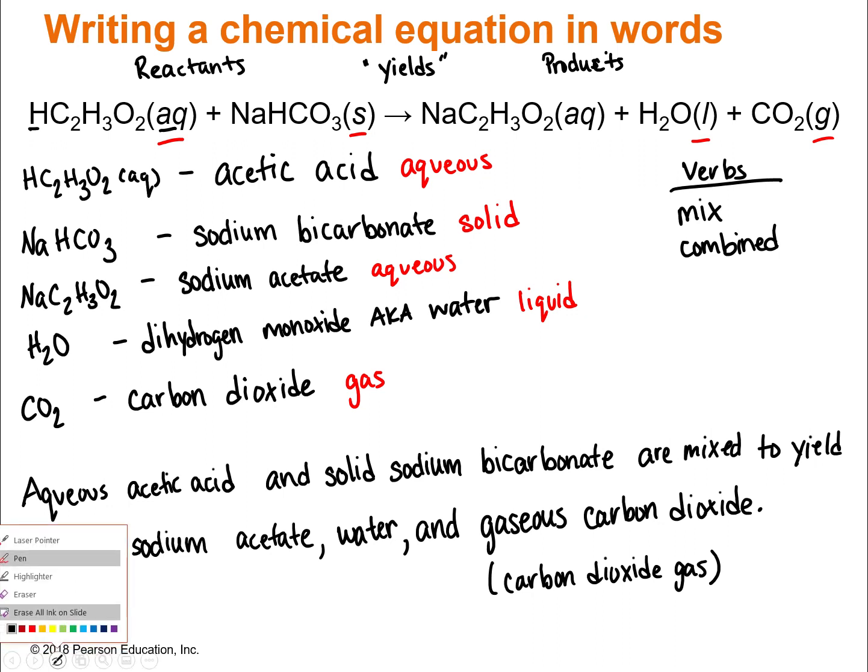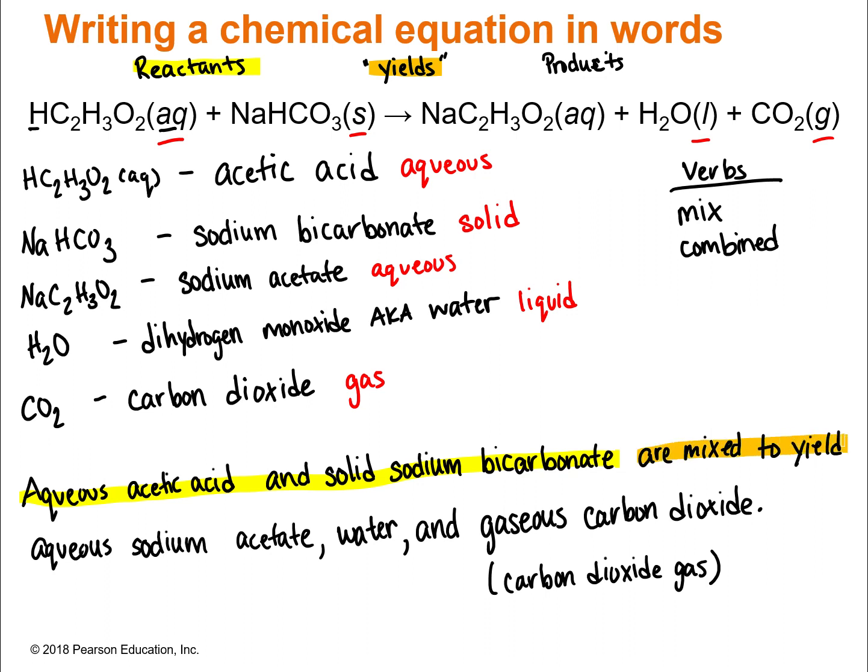Let's identify each of these parts. Our reactants come first. We just listed what they are. Then we did the arrow, the yields.